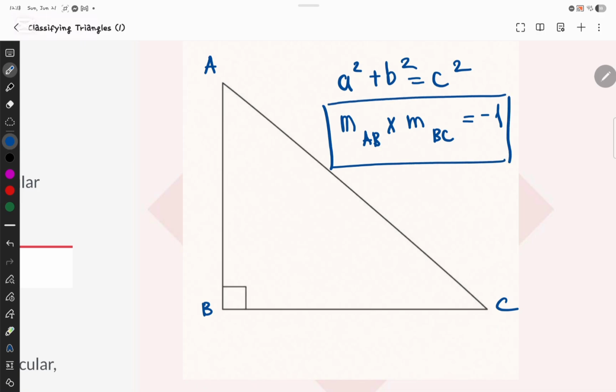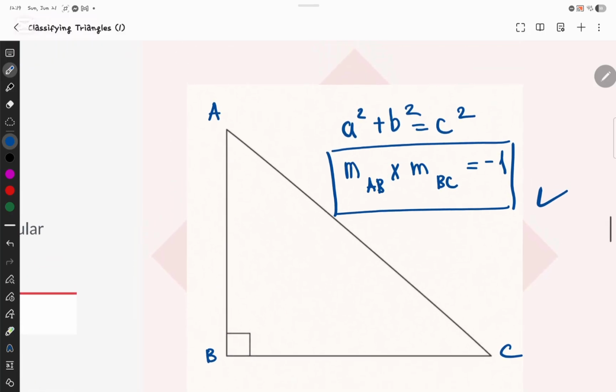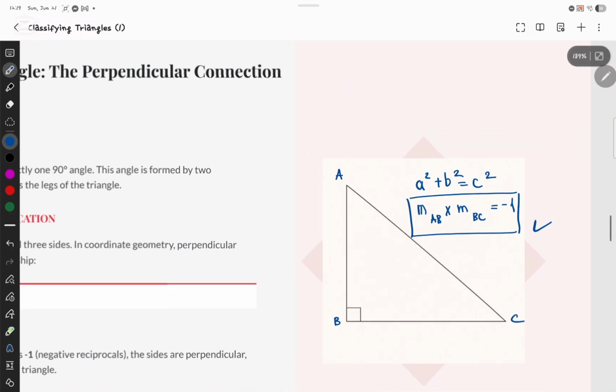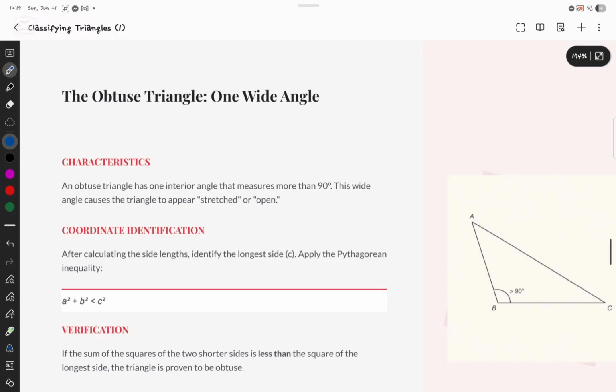If this condition is met, therefore the slopes of these two sides are perpendicular, and if they're perpendicular, then they must form a right angle right there, right? So you can either use the slope theorem or the Pythagorean theorem. I would recommend the slope because it's much easier, less work, more elegant, right?